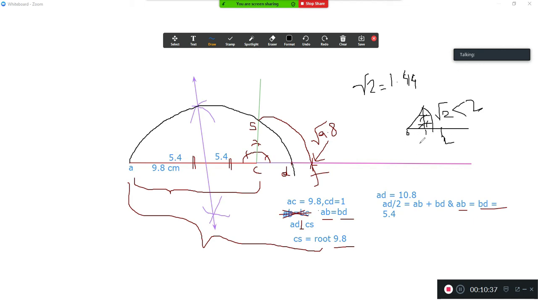According to the visualization, it is okay because nearby here it is 1.4, but here the thing is that it gets changed.